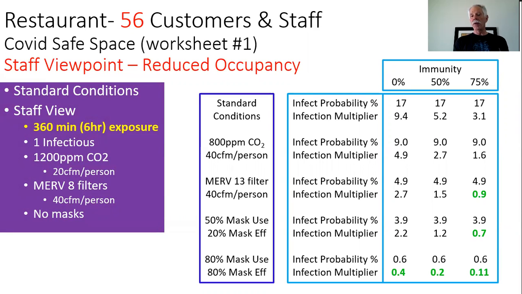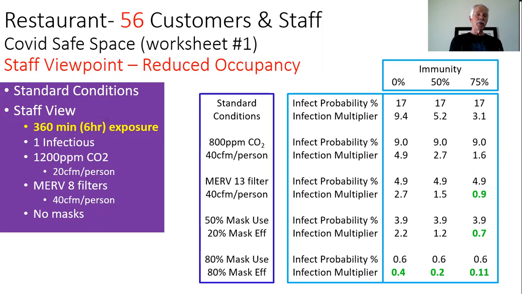If we're at half occupancy, and we take these same steps of dropping carbon dioxide to 800, basically doubling the fresh air per person, running air through a MERV 13 filter, and effective and efficient face mask wearing, we actually see that if an infectious person walks in with only 55 people rather than 110, your probability of getting infected goes up. In fact, it about doubles.